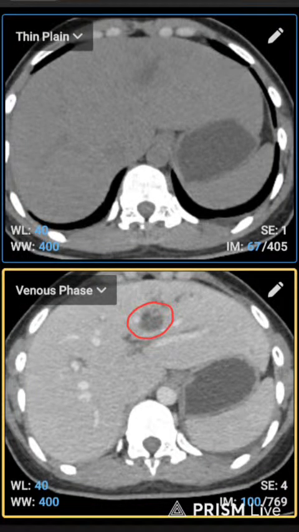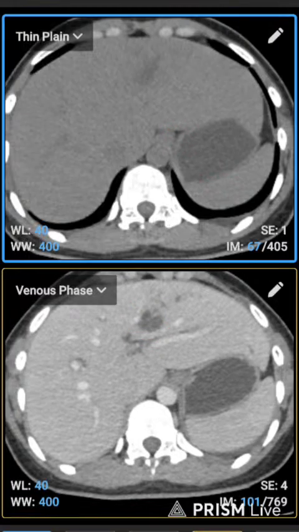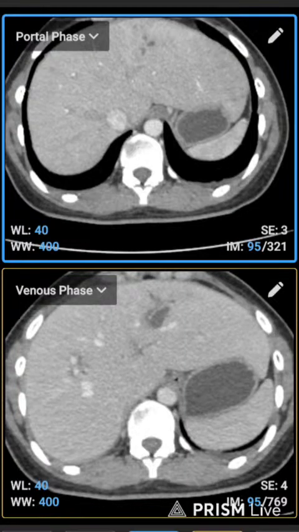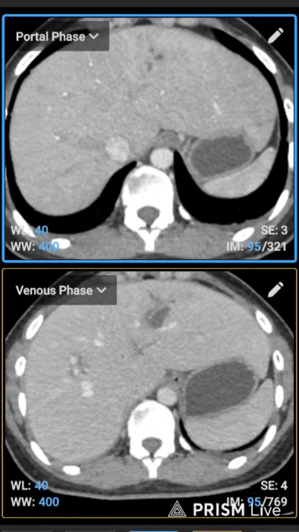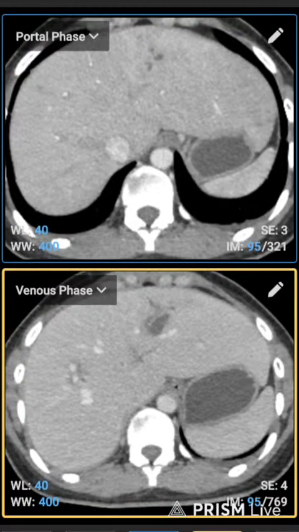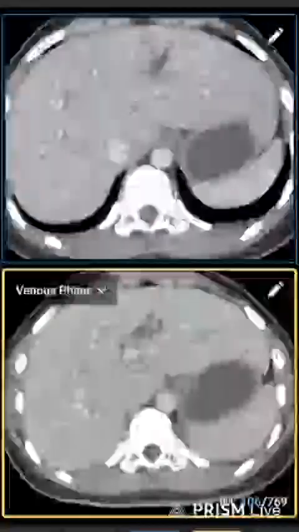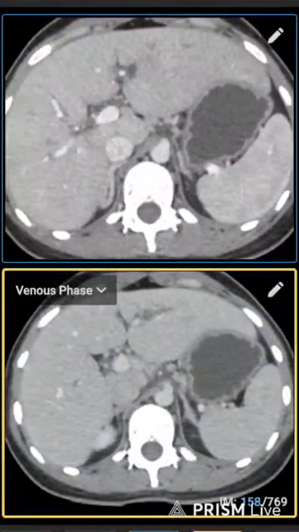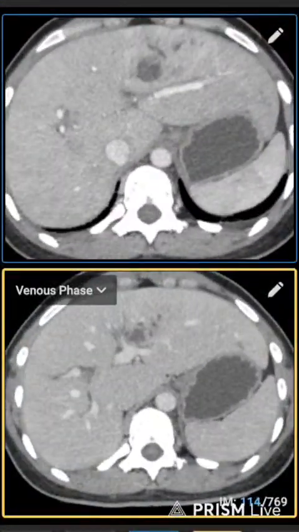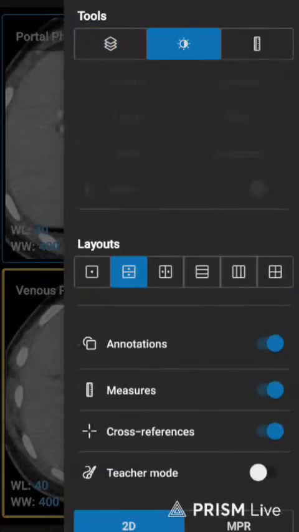Other than that, there is no significant information about the tumor. So in this case, you have to compare with the portal phase. You will see the difference. The portal phase was showing the exact tumor area.